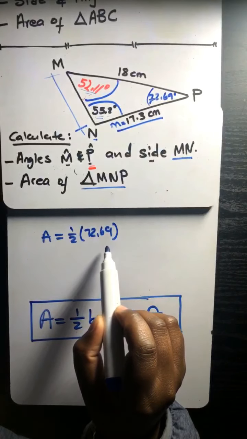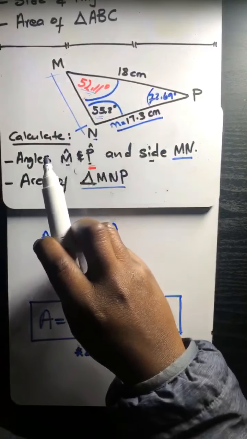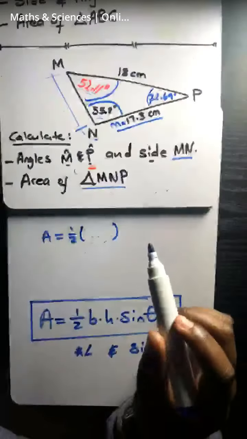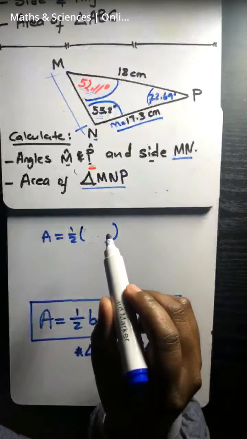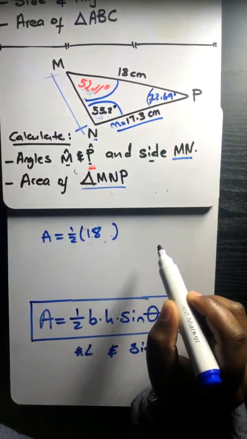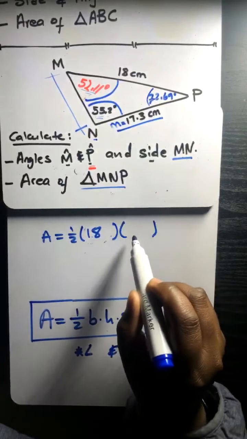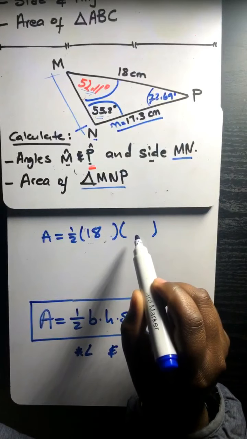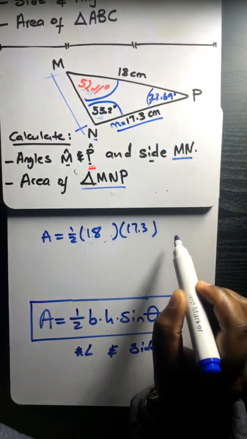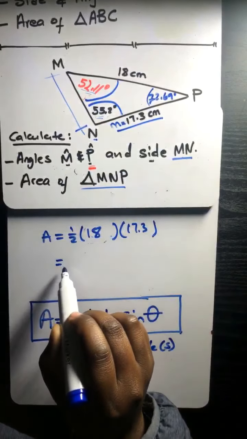It's 18 there. She's saying there's 18, okay? Open another bracket, and it's 17.3, with the sine of 72.69.